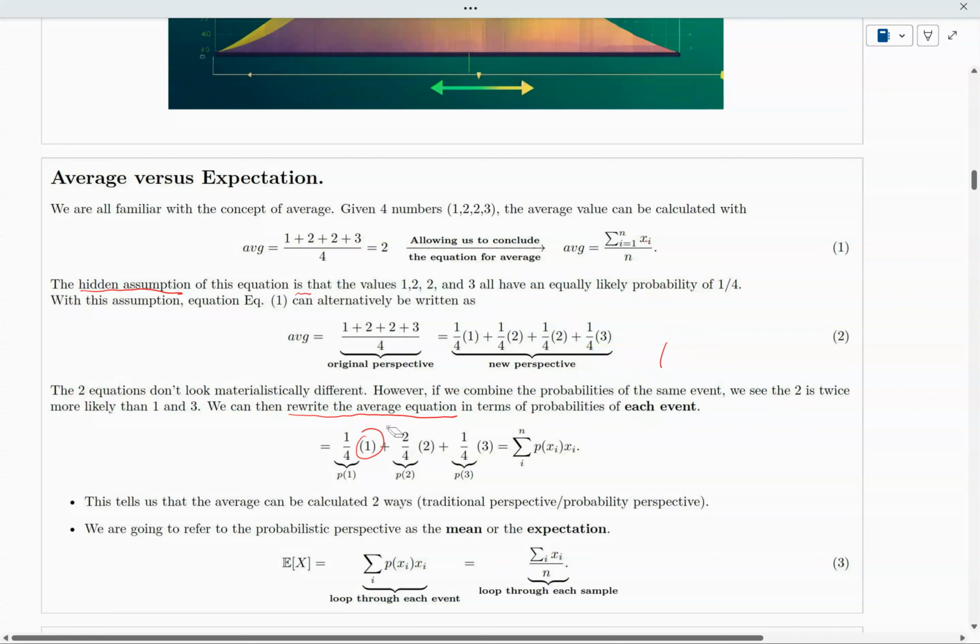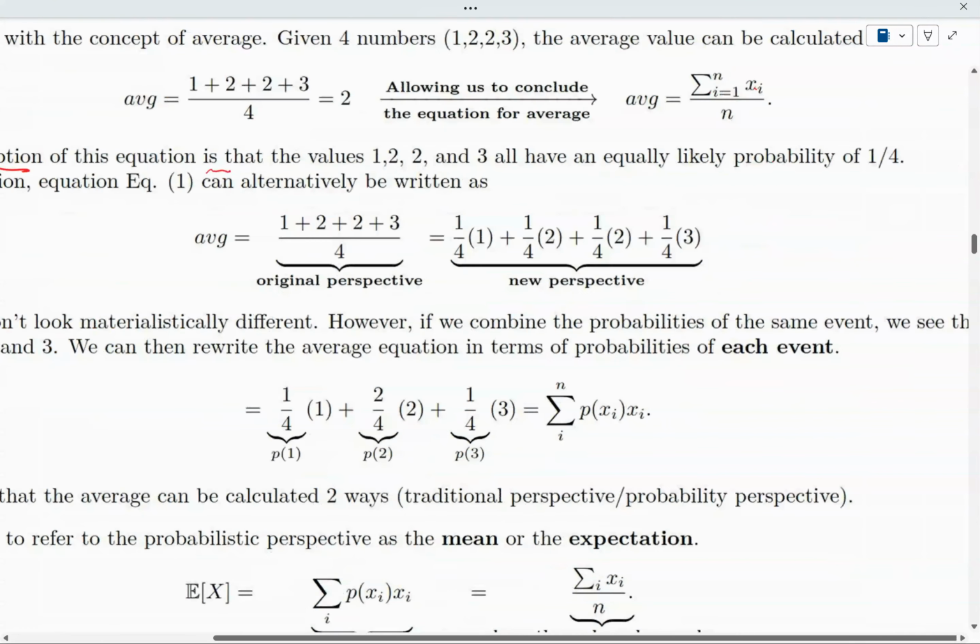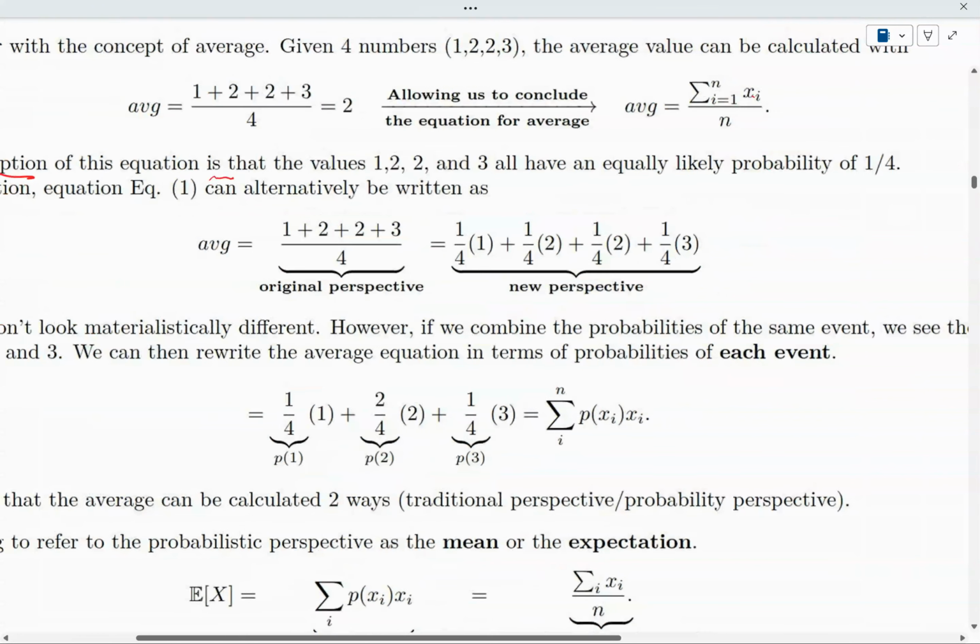The probability that one happened is 1/4, and then two, the probability that two happened is 2/4 because you saw it twice. And then three, the probability that three happened is 1/4, leading us to a different equation, which we loop through each possibility, multiplying by the probability of it happening.